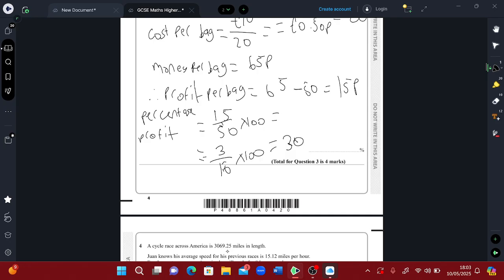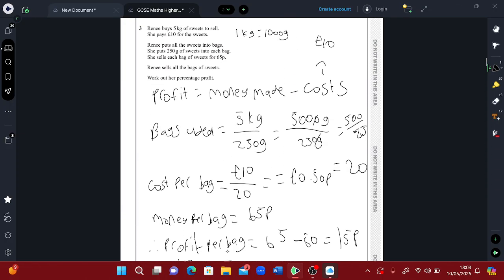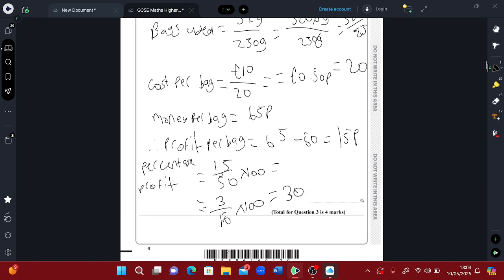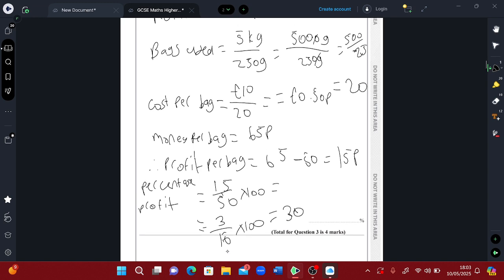Yeah, every formula I'm saying is the profit is defined by the profit, so what we calculated, revenue minus cost over revenue. But this mark scheme is saying it's over the cost instead of the revenue you make for the bags. I'm not too sure about that one.